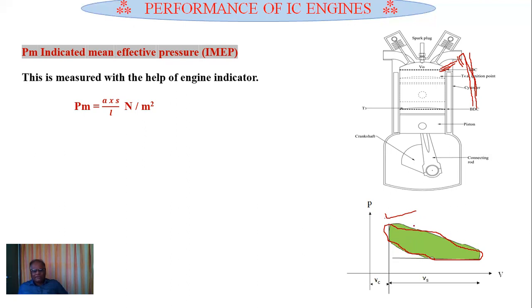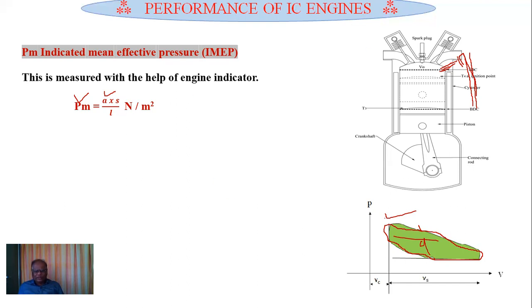Here the area of the indicator diagram and the length of the indicator diagram are needed to calculate the indicated mean effective pressure. See here, PM is the indicated mean effective pressure, where A is the area of the indicator diagram and S is the spring constant.